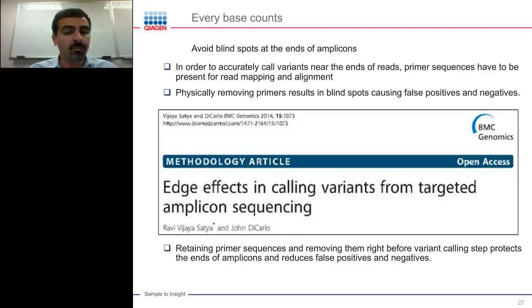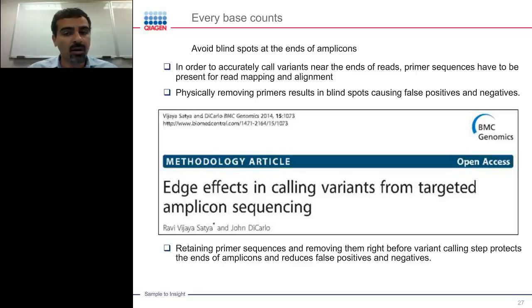Now, those primer sequences are not native to the sample, so you cannot use them to call variants within those regions, but you want to keep those primer sequences intact while you're mapping and aligning your reads, because those primers are going to protect the ends of the amplicon, so you can actually get those one or two bases that are part of the amplicon but sit at the end of it.